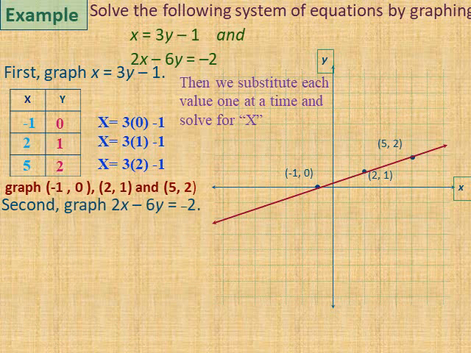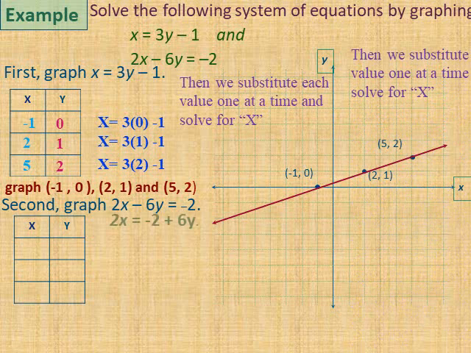First line x equal 3y minus 1. Then 2x minus 6y equal negative 2. Try to graph it. I'm going to rewrite the equation. First, 2x equal negative 2 plus 6y, right? Then divide all terms by 2 to get x equal negative 1 plus 3y. Finally, I can put y equal negative 1.